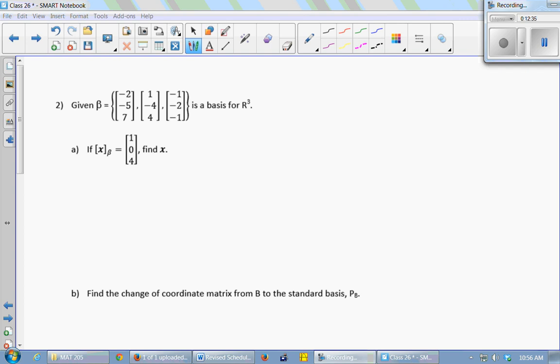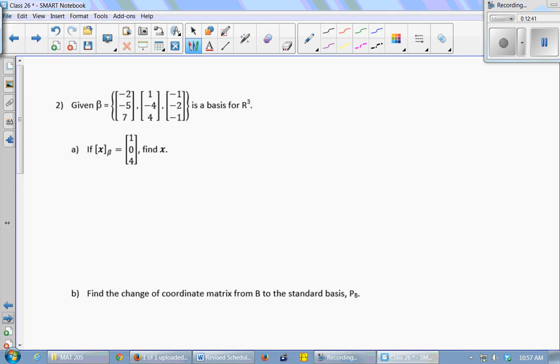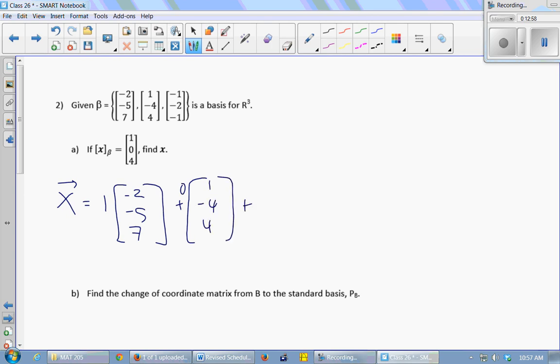So go back to what the coordinates mean. Those are weights, and what do you put them on? On the basis vectors. So x is just 1 times -2, -5, 7, plus 0 times 1, -4, 4, plus 4 times -1, -2, -1.